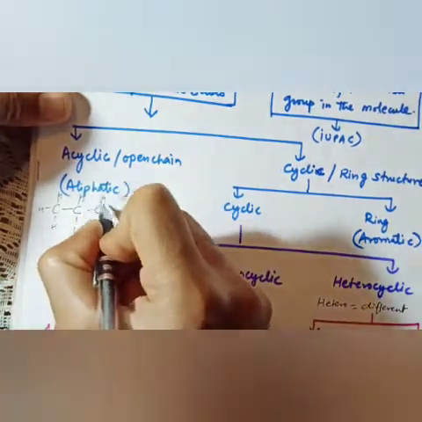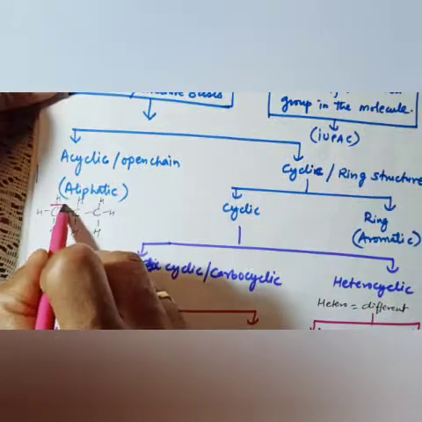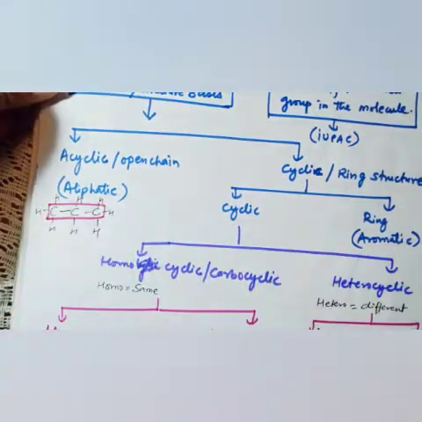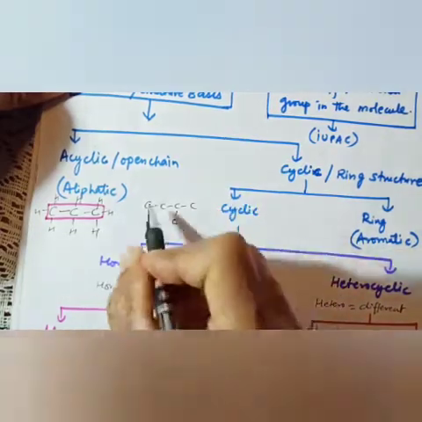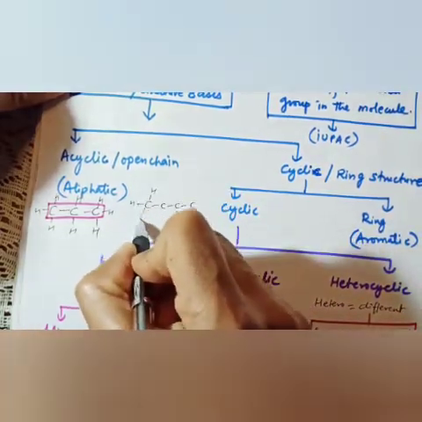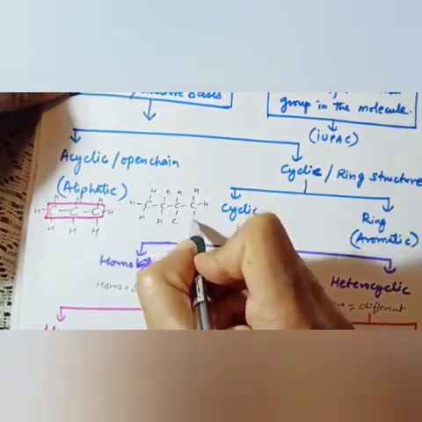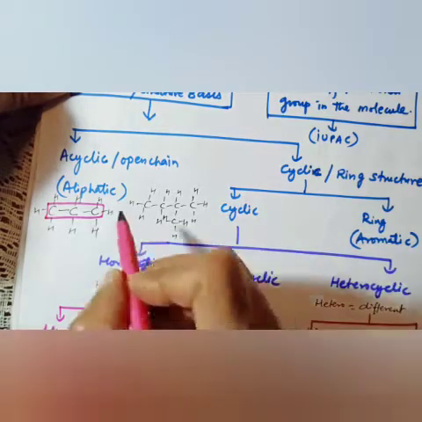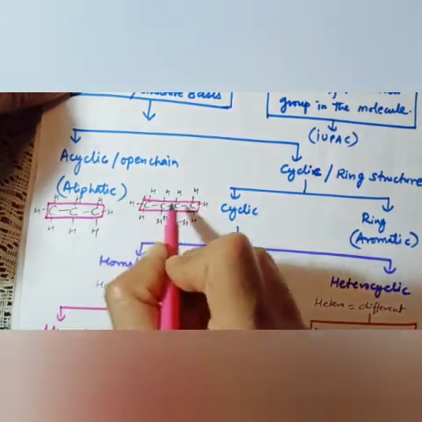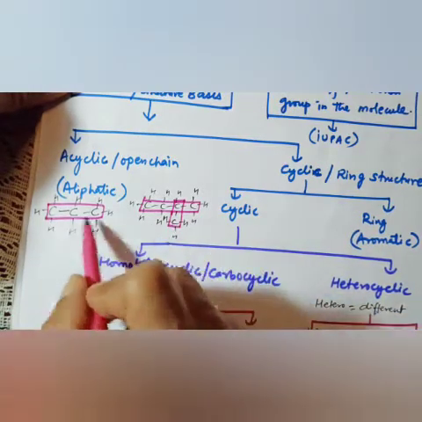Focus on the carbon: this carbon chain is a straight chain, or it can be branched like this, with hydrogens attached. It means a branch is there.